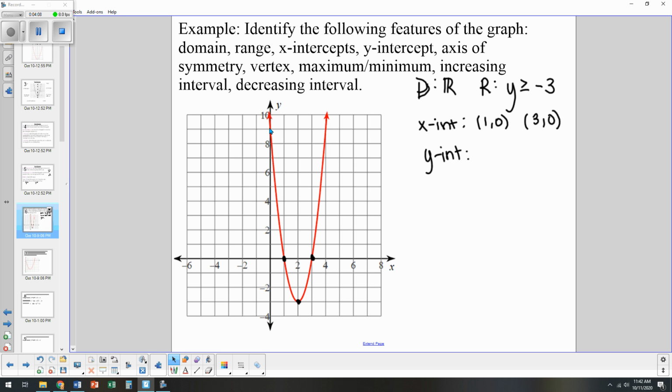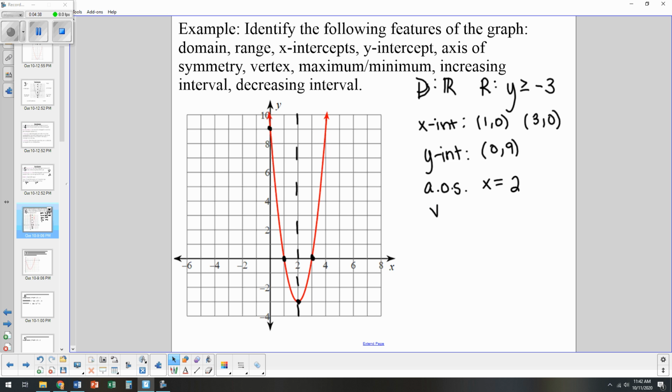We see that it crosses the y-axis up here at 0, 9. The axis of symmetry is exactly in the middle, and the axis of symmetry, I'm going to write it as AOS, is always an equation. So it's x equals, and it's whatever the x value was through all of these points, which was 2.